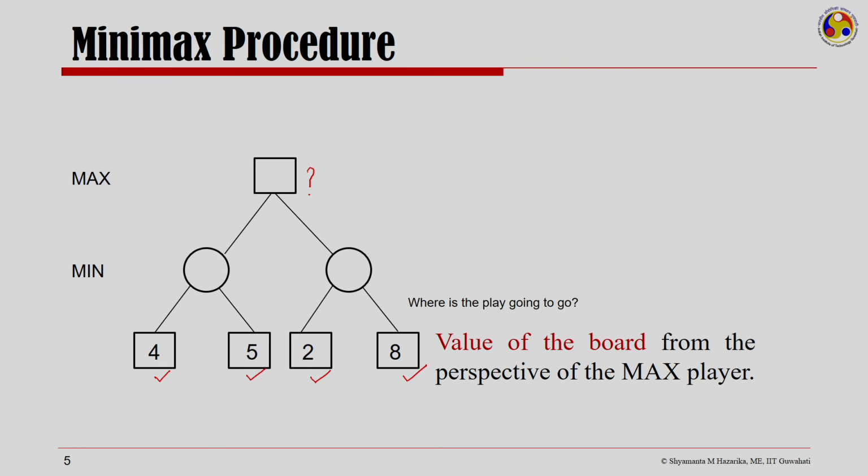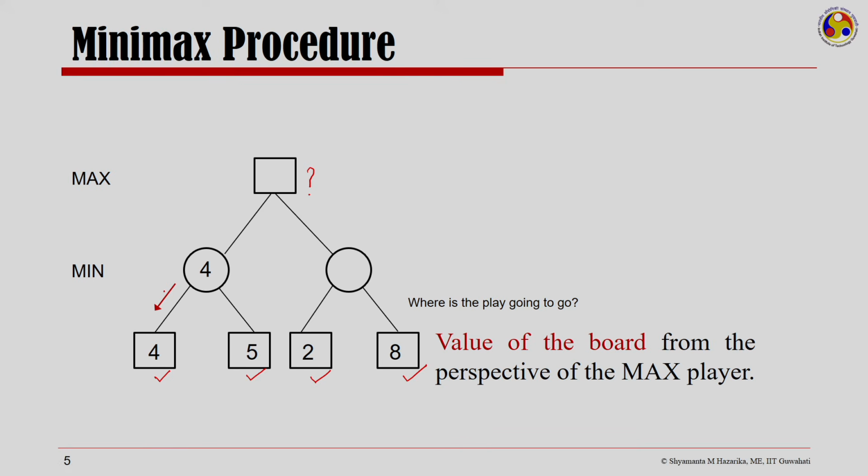So, if you look at this node of the tree that Min is playing, Min would rather go to the left than here, because going here would give him a 4, whereas going here would give him a 5, and his idea is to keep the score as low as possible. So, he goes there and he backs up this node value as 4.